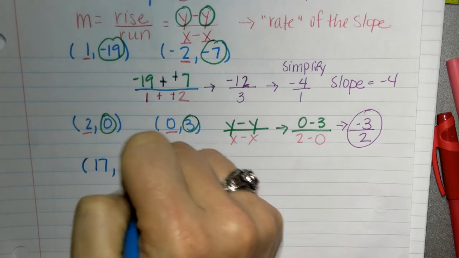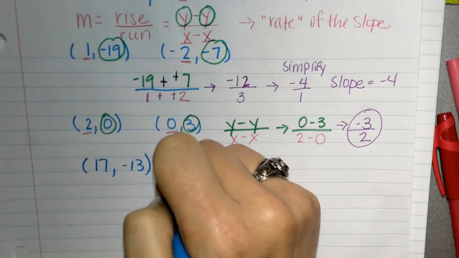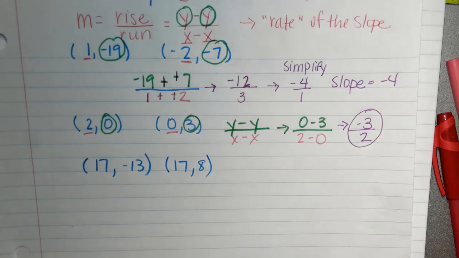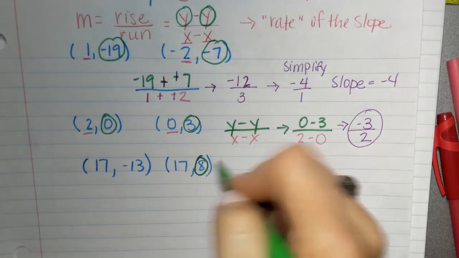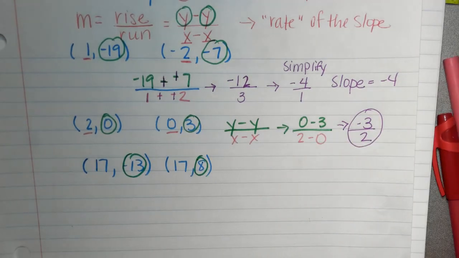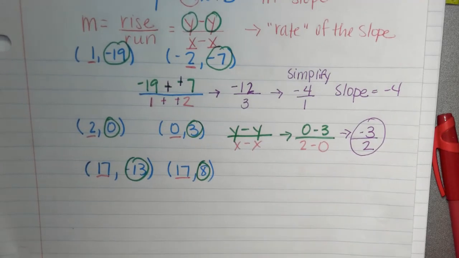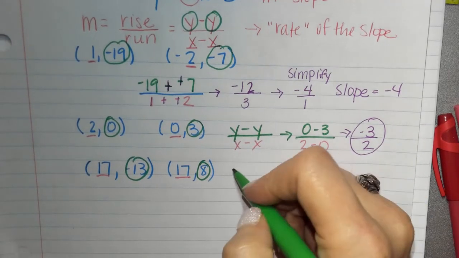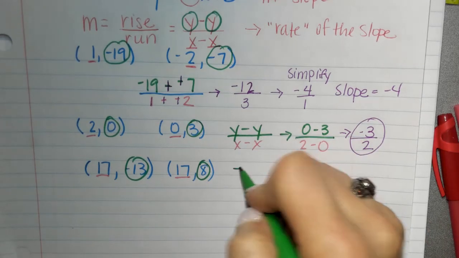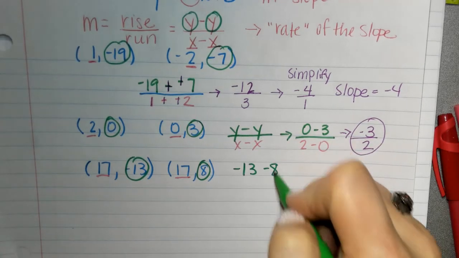(17, negative 13), and (17, 8). All right, go ahead and write in your y's. Subtract those y's first.